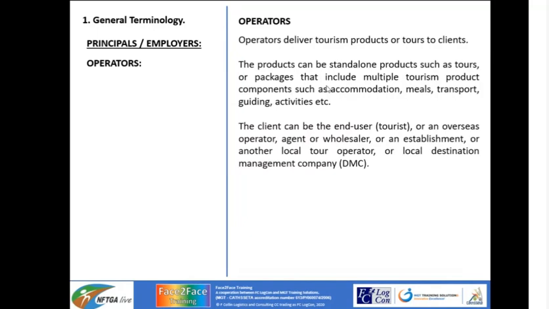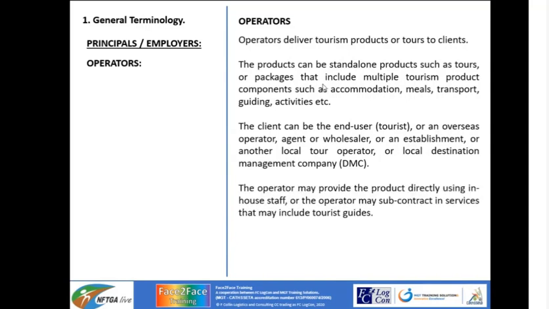So the client can be defined as either an end user, a tourist, or it can be an overseas agent or a wholesaler. It can be a hotel that is selling the tour on. It can be a local tour operator. It can even be a destination management company. So that operator may provide the product directly using in-house staff or subcontracted services, as we've mentioned before.